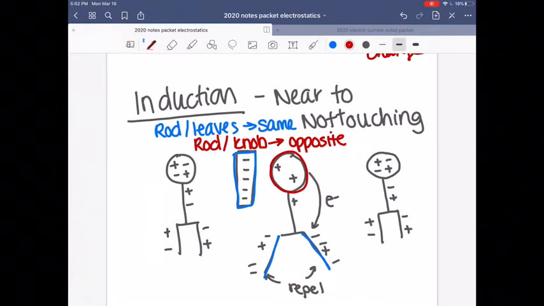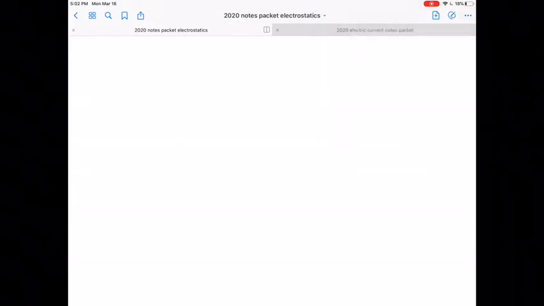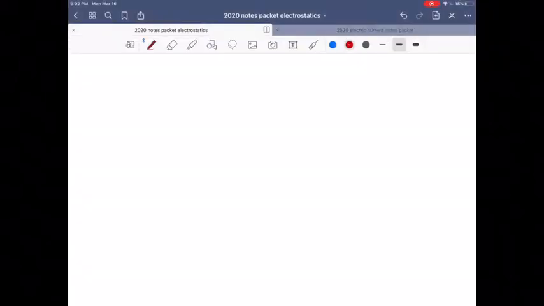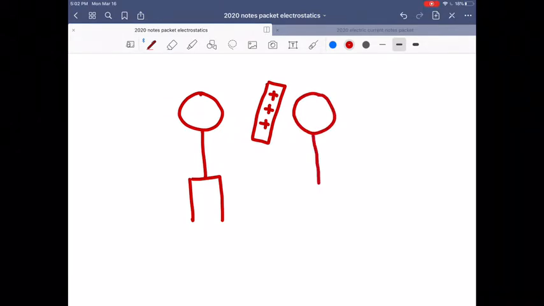And we don't just have to use a negative rod. We could also have a positive rod, and the same thing would happen, but in the other direction. Like if we had a neutral electroscope to start with, where we had the leaves hanging down, nothing charged, and then we bring a positive rod near to but not touching the top of the electroscope.